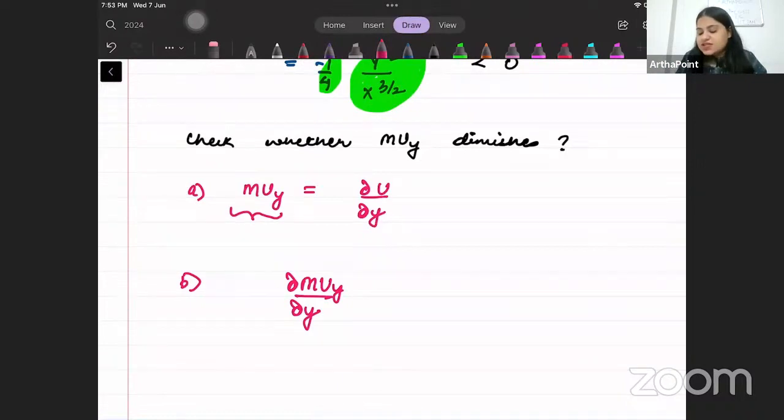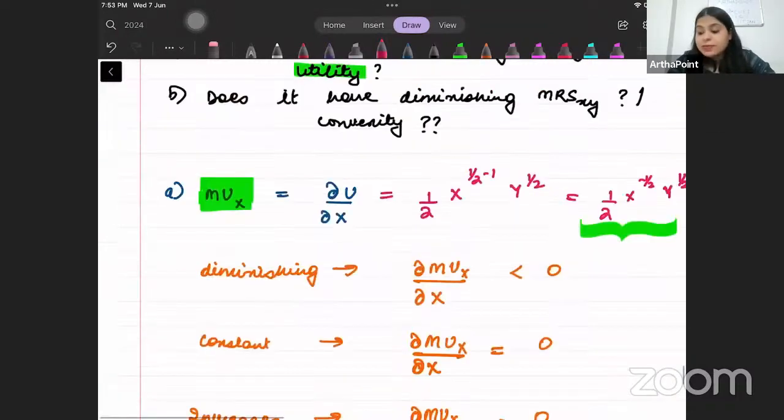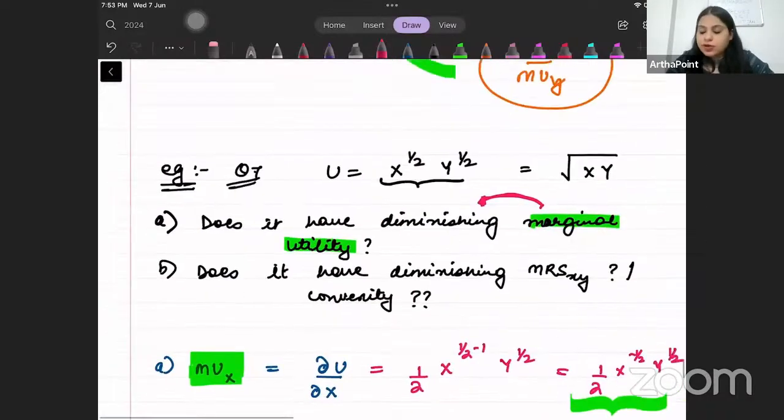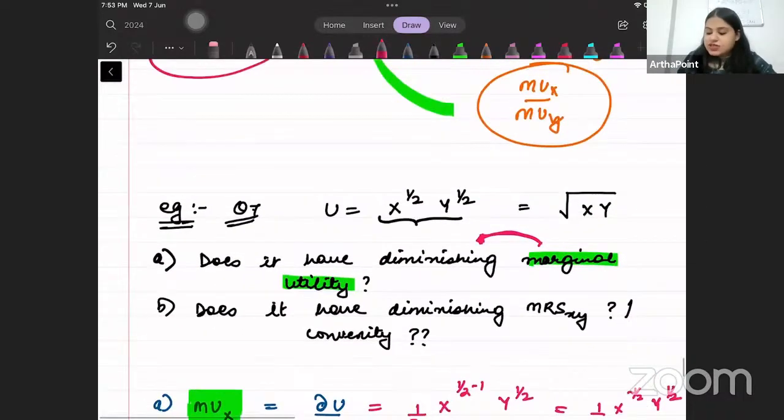And if this is less than 0, then it will be diminishing. Yes, you're right, it will be diminishing. One of the questions in today's assignment will be based on checking what is diminishing and what is not. Okay. So this is the first part, whether your marginal utility diminishes or not.